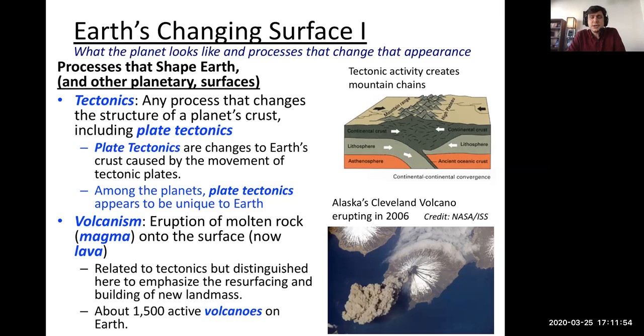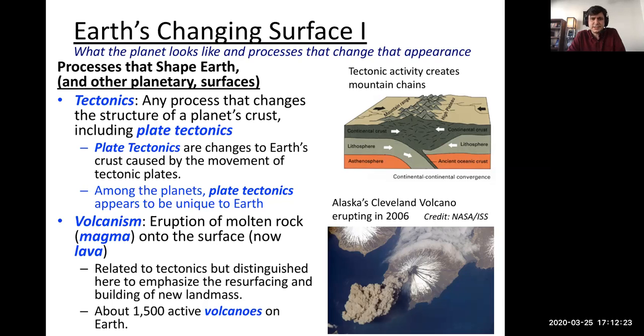So let's start with a rather generic one, a catch-all one that covers quite a bit. So things that can change a planetary surface: tectonics, a catch-all term that talks about any process that changes the structure of a planet's crust. So anything that changes the structure of a planet's crust is a tectonic process. On Earth, the main tectonic process we're going to talk about is plate tectonics.